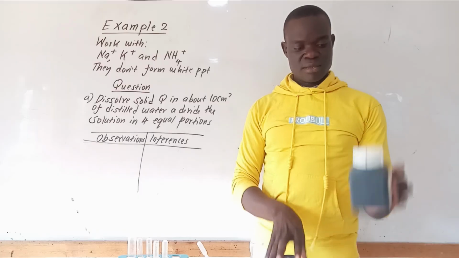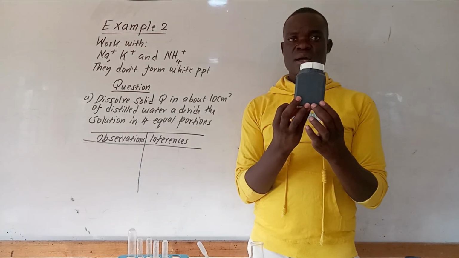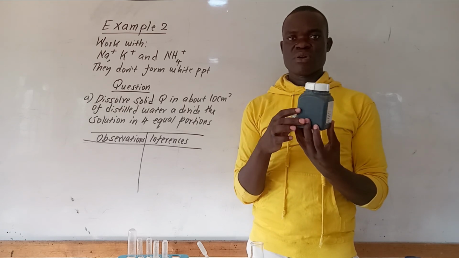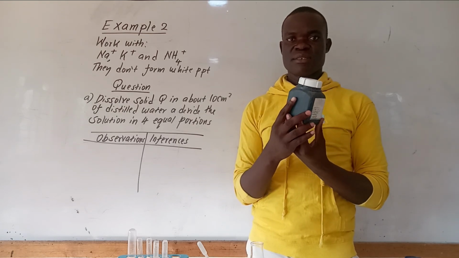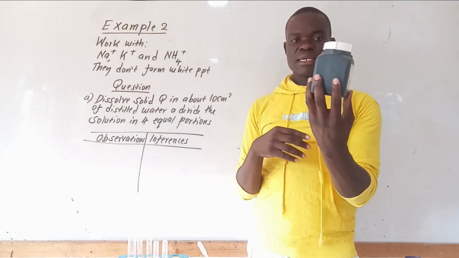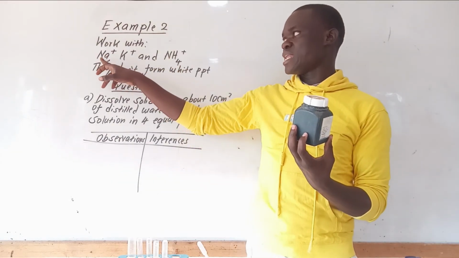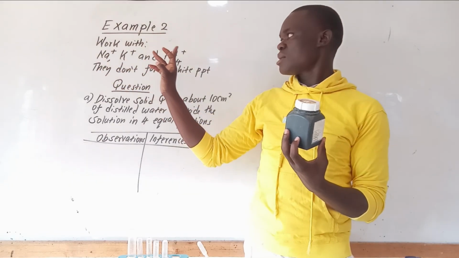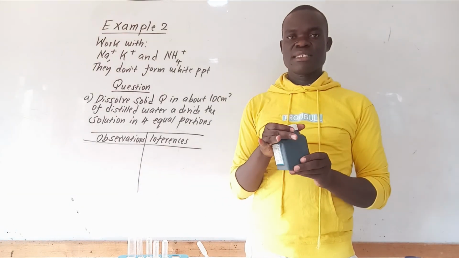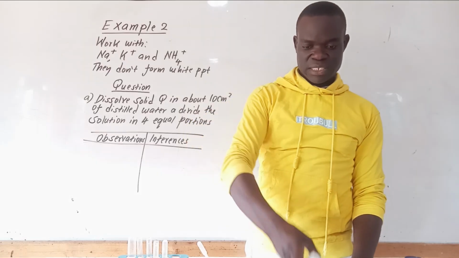This solid Q has a property that will not allow it to form white precipitate, so that it suits this example. So this solid may have one of its components as sodium ion, potassium ion, or ammonium ion. So the first step, let's dissolve it in about 10 cubic centimeters of distilled water.